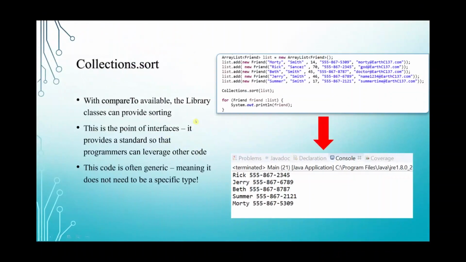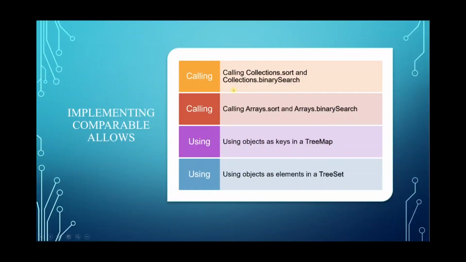Okay, going back to where we're at. We can call Collections.sort or Collections.binarySearch. We can also call Arrays.sort, Arrays.binarySearch. We can use objects of classes that implement Comparable in a TreeMap or TreeSet. In a TreeMap, we can use them as keys.